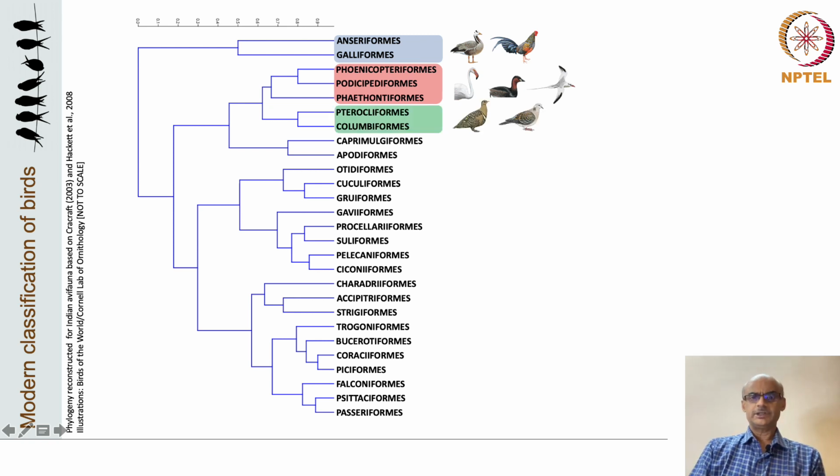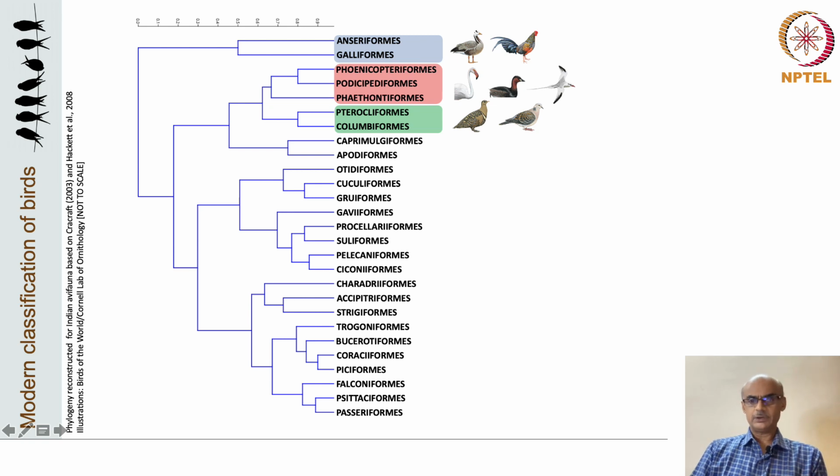Then come the doves and pigeons and sandgrouses, forming the next clade. Sandgrouses of the order Pterocliformes are medium sized birds with perceptibly chunky bodies and longish tails. They are typically found in semi-arid tracts and are known to commute long distances in search of water sources in huge flocks.